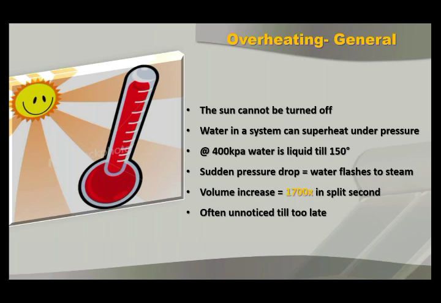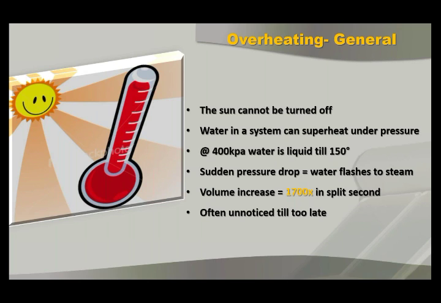We'll touch on sizing a little later in the series. If you've sized the system correctly, you've got ample space within that geyser to accept the heat that is being applied to it. So it limits the issue.